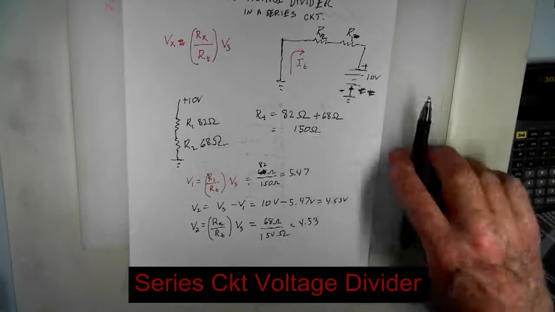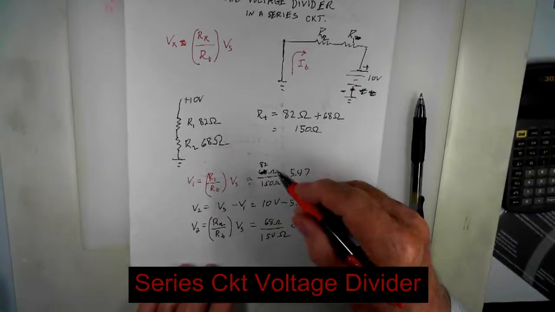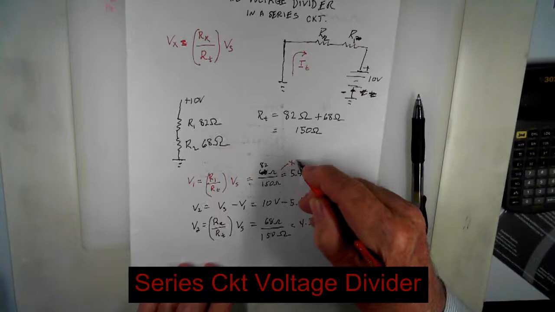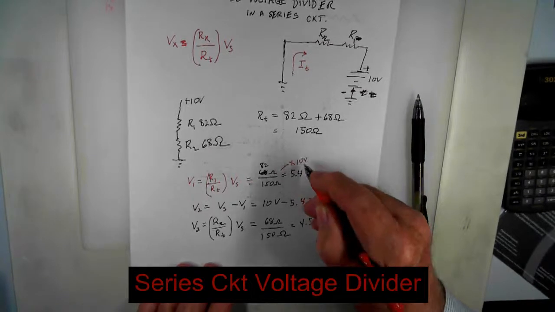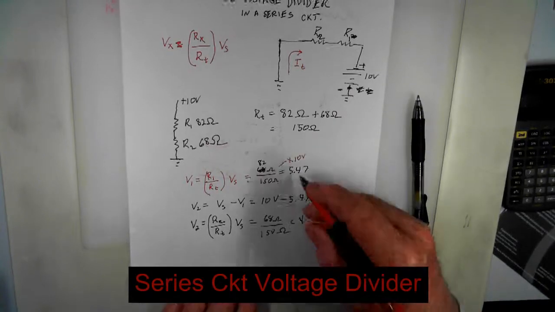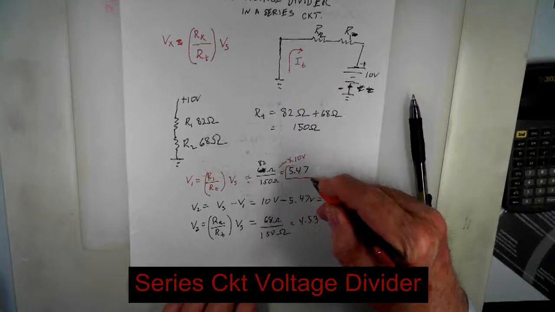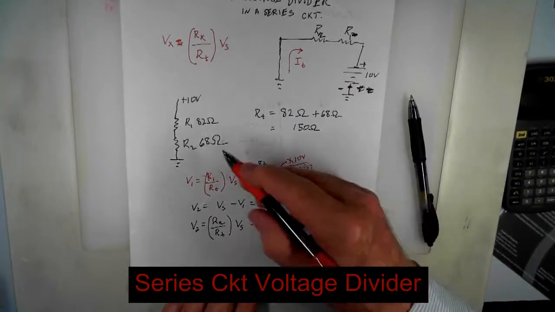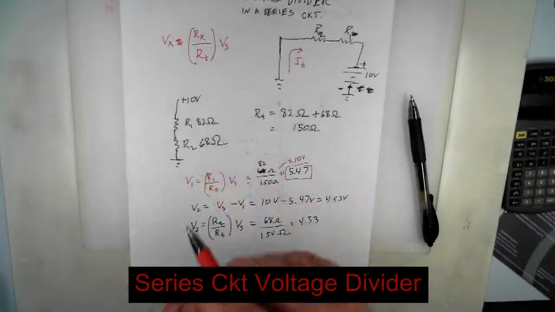Let me put that in there so that there's no confusion. This is times 10 volts. Now I've established that 5.47 is the voltage across R1, this 82 ohm resistor.